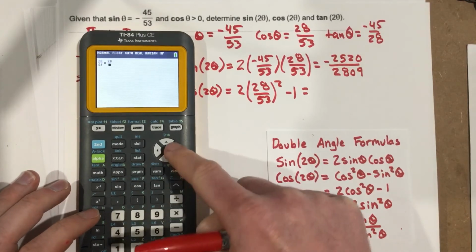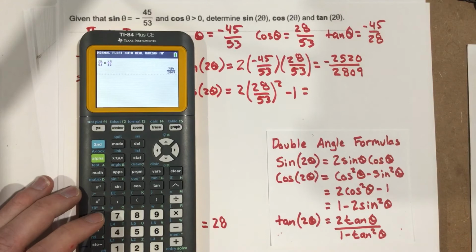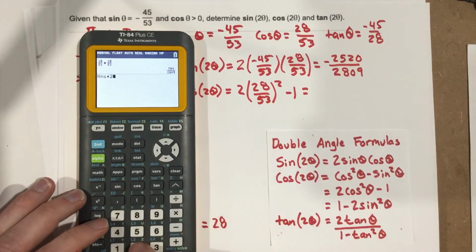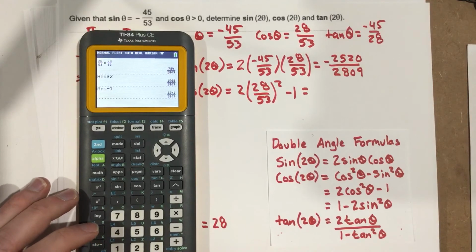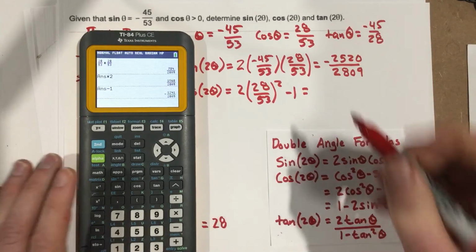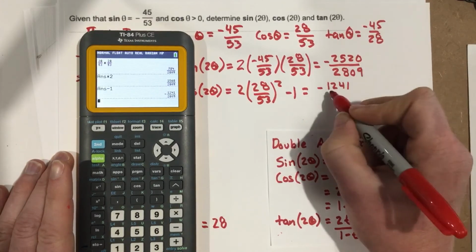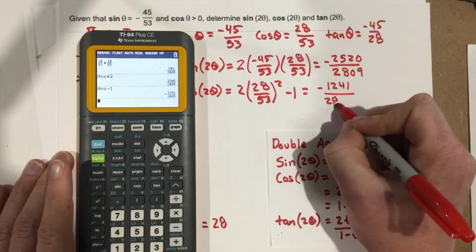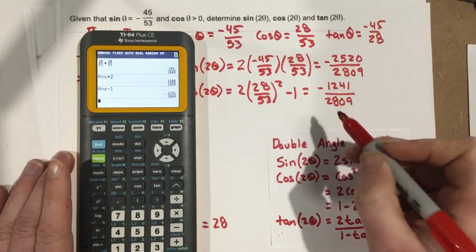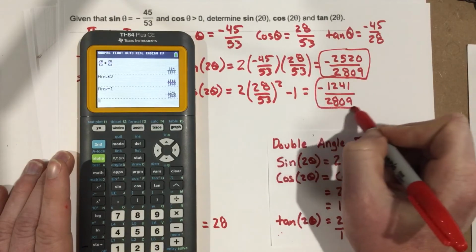Not the most efficient, but I started typing it in incorrectly. Times 2, and minus 1. And they give you the fraction, which is negative 1,241 over 2809 again. So answer 1, answer 2.